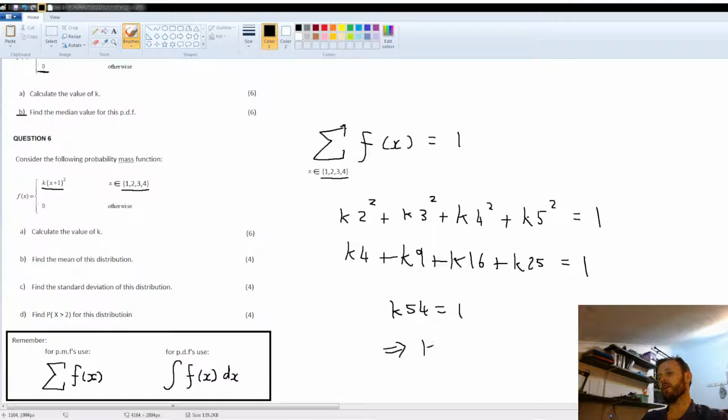The answer is that k must be equal to 1 over 54. Done. A lot easier because it did not involve any integration, but a lot more computation, but no integration. That's how you find the value of k. You insist that the summation must be 1, as opposed to insisting that the integral must be 1 when you're dealing with a PDF.